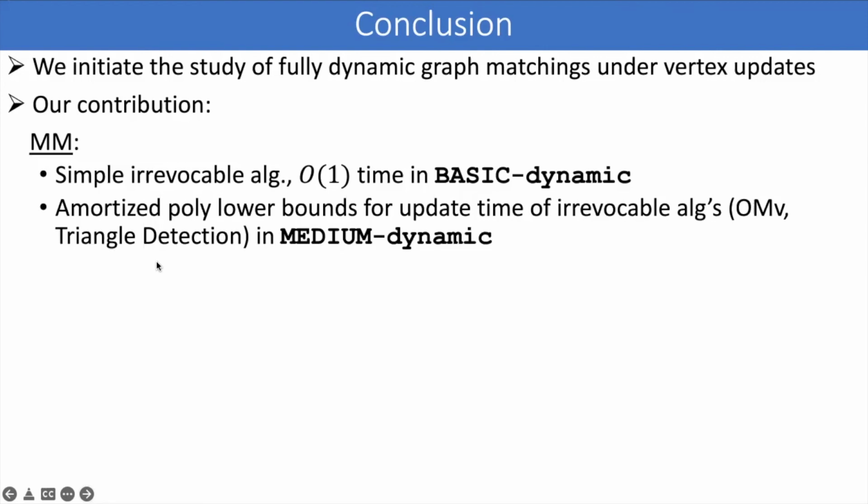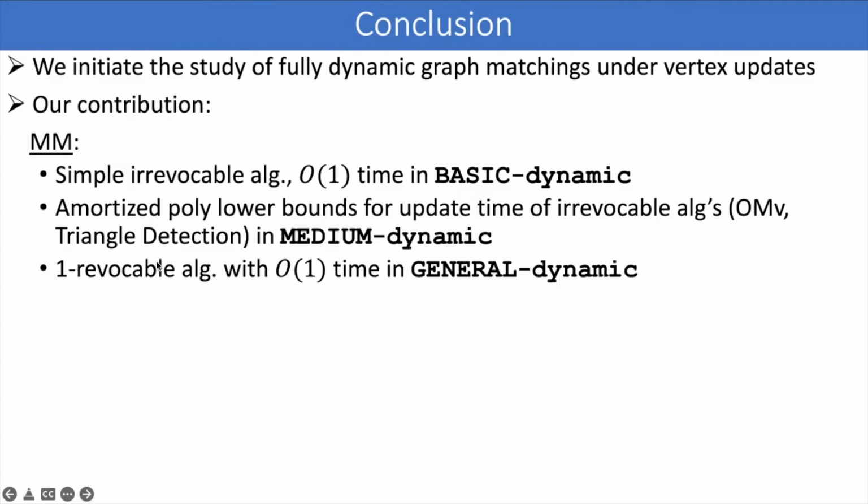Second, we show polynomial amortized lower bounds on the update time for irrevocable algorithms in the medium dynamic setting where both sides dynamically change. These lower bounds hold under the OMV and triangle detection conjecture. In contrast to these lower bounds, we present a one revocable algorithm with constant amortized update time, which applies even to non-bipartite graphs. It works in the general dynamic setting.